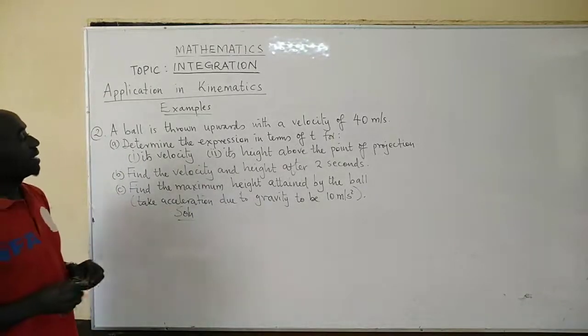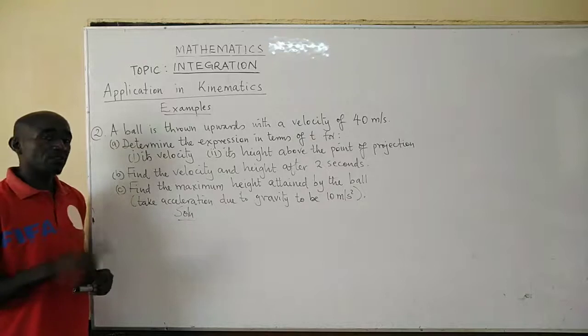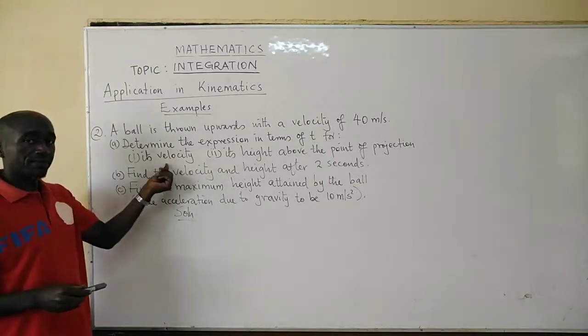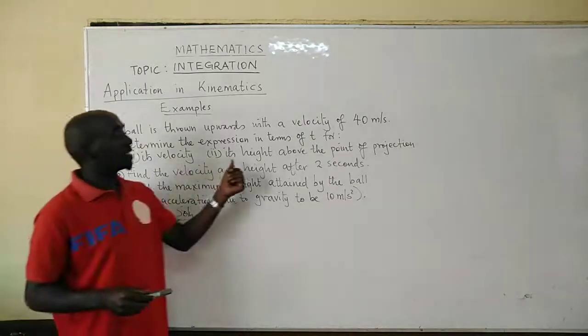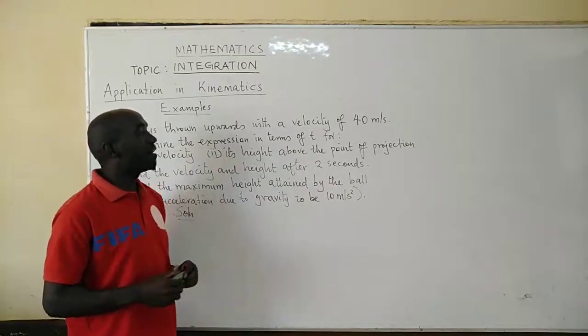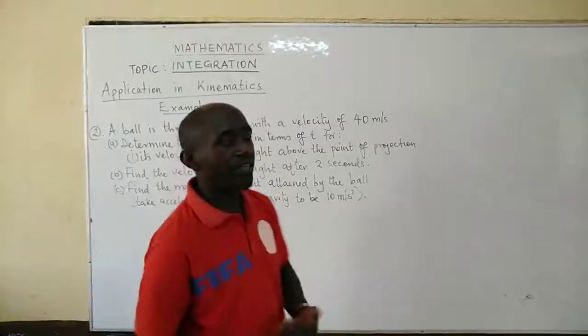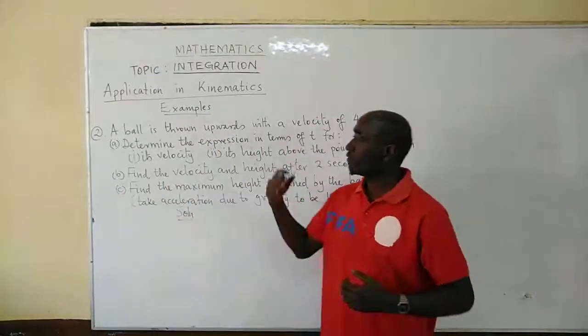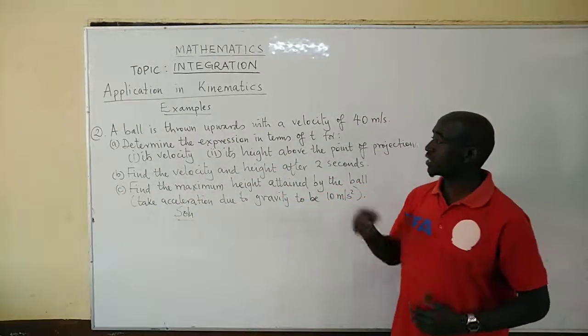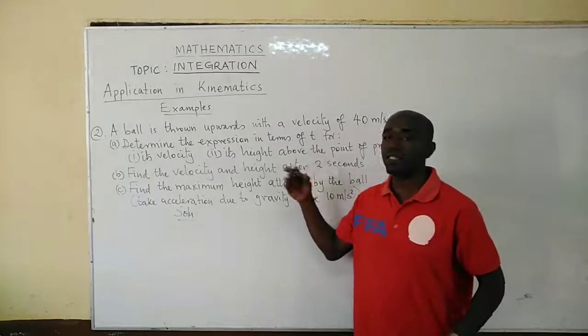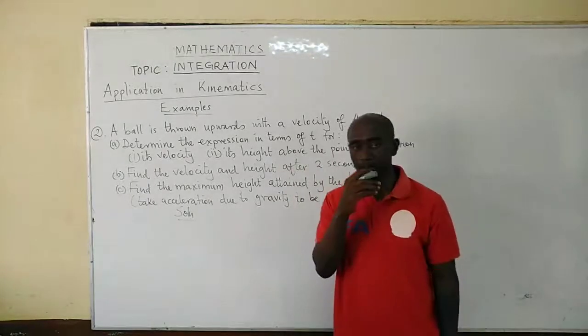Determine the expression in terms of t for its velocity and the expression for its height above the point of projection. How do we get the expression for velocity? How do we get the expression for height? Remember, height is distance or displacement.